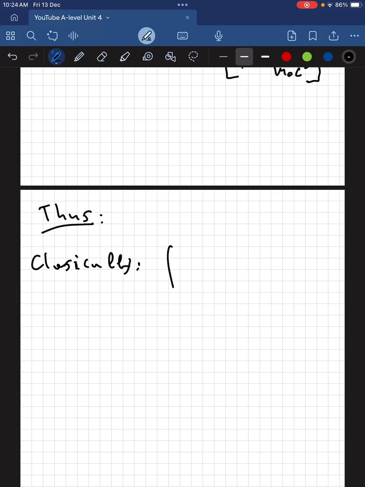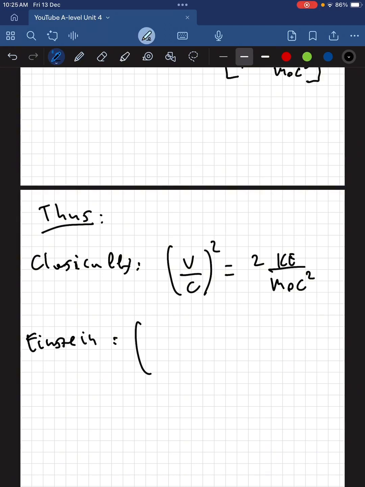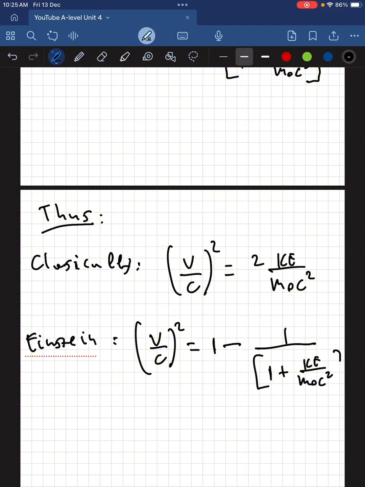Classically, we found that v squared over c squared is 2 times the kinetic energy over the rest mass c squared. But Einstein says that v squared over c squared is 1 minus 1 over (1 plus K over m naught c squared) squared.